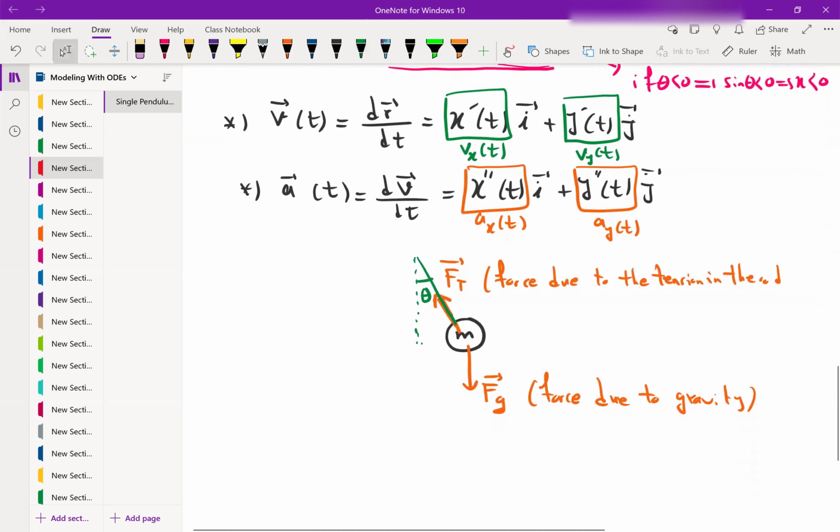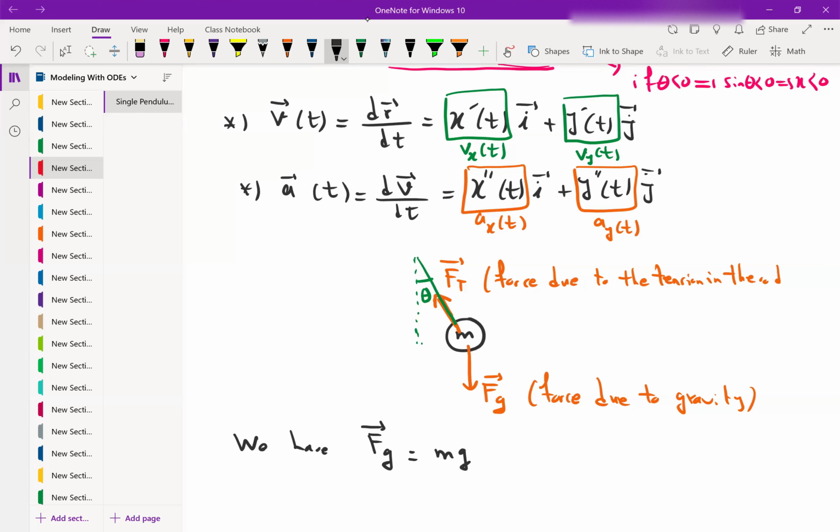Now let me give you more information about this Ft and Fg, and then we will write Newton's second law. First, starting with Fg, what is this Fg? We assume that the magnitude of the gravitational force is not changing, it's uniform, and the magnitude is mg.